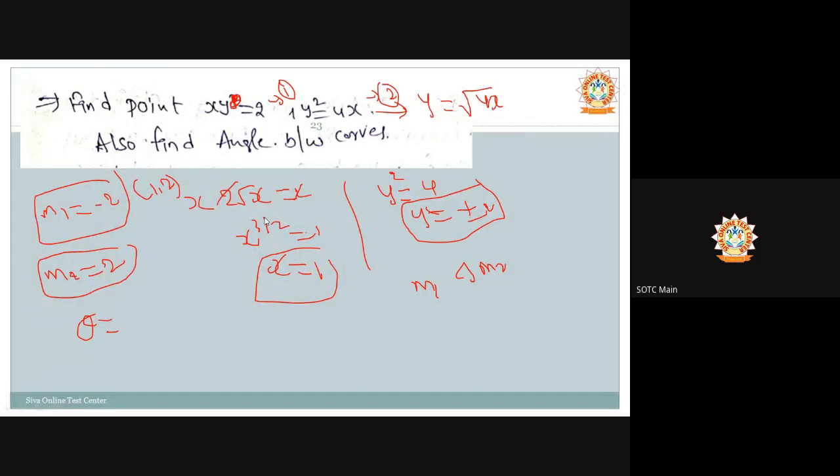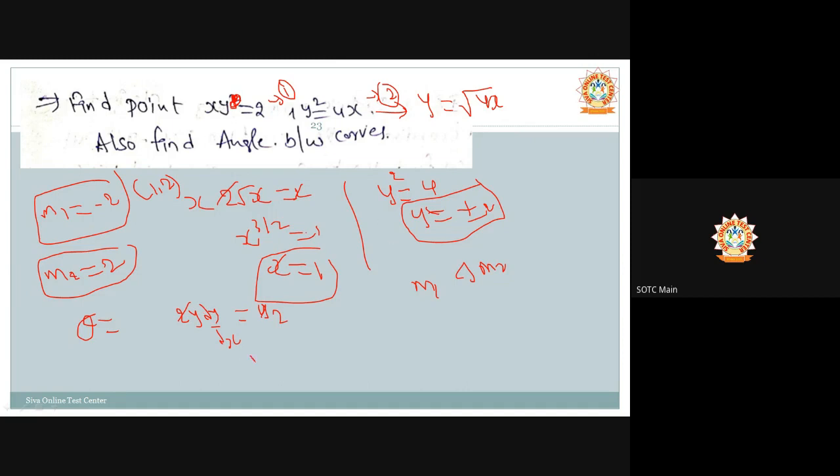Sir, please check m2 once, sir. m2. So simply y square, that is 2y into dy by dx, that is equal to 4. So 2 ones are 2, 2 twos, y is equal to 2, right?